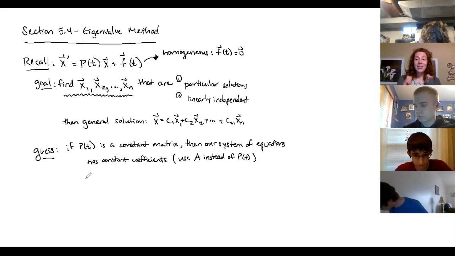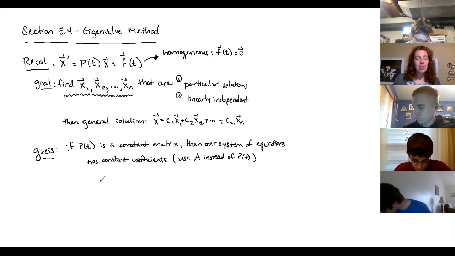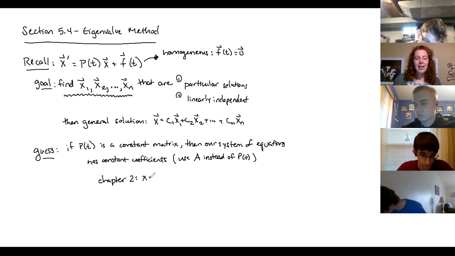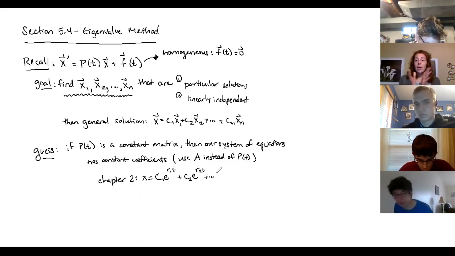So this goes back to the characteristic equation. We got really good at this in chapter 2. In chapter 2, our solutions looked like x equals c1 e to the r1t plus c2 e to the r2t, etc. We got all these roots and put them as exponents.